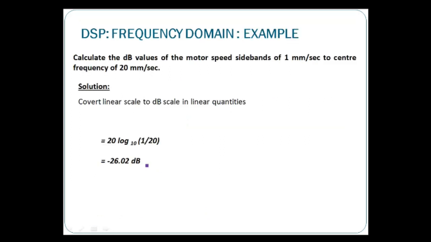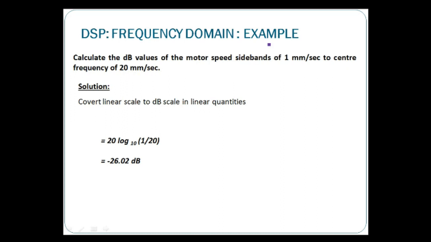So for example, if you want to calculate the value of the motor speed's sidebands of 1 mm/s relative to a center frequency of 20 mm/s, this is a linear quantity, 1 mm/s relative to the center frequency. Your reference is 20, so 20 log 1 over 20.